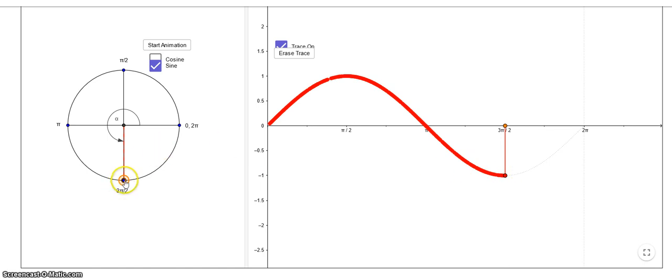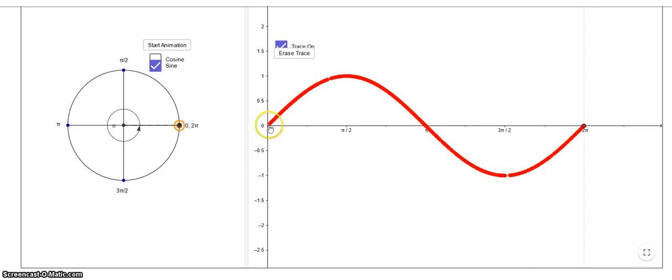Then I continue in the fourth quadrant, between 3 pi over 2 and 2 pi. My y values are still negative, but now they're getting bigger. This is negative 1 down here, about negative a half here, and eventually we'll get up to 0. We trace along, and there we are. So this is called one period of the sine graph.